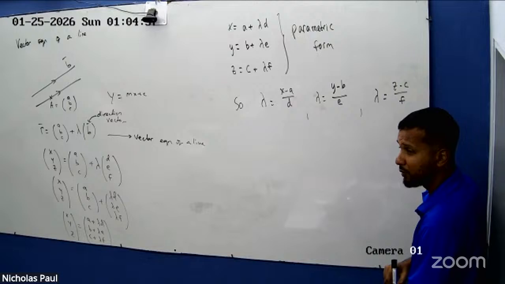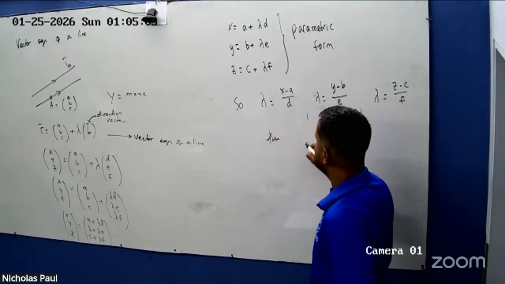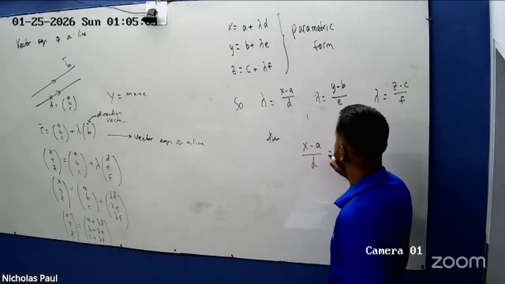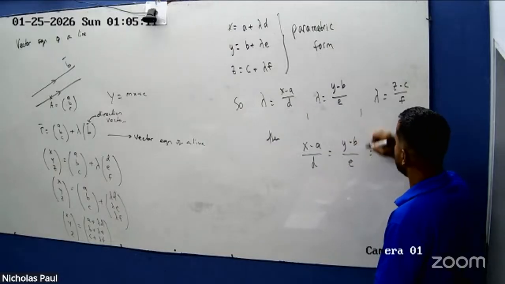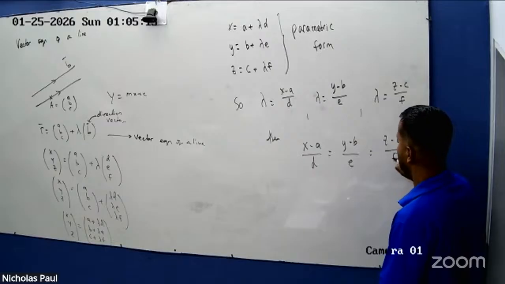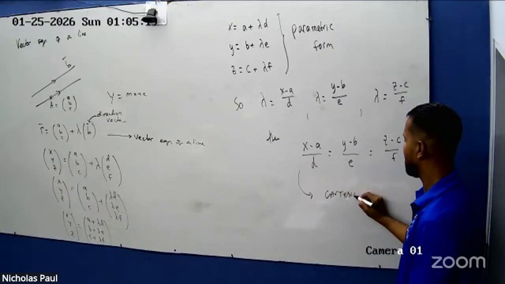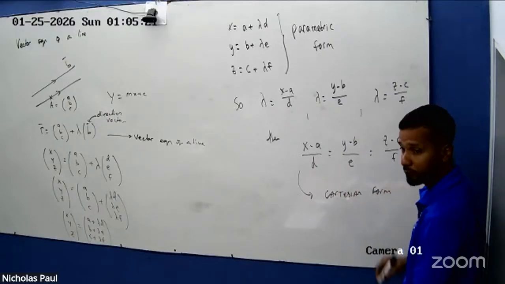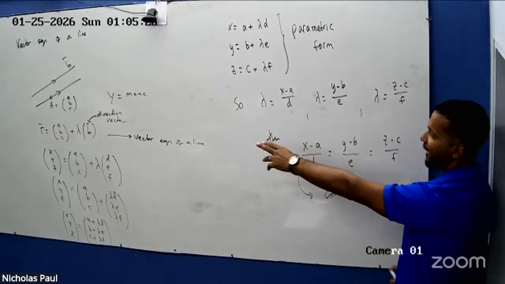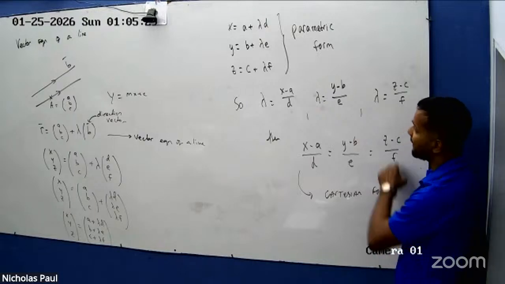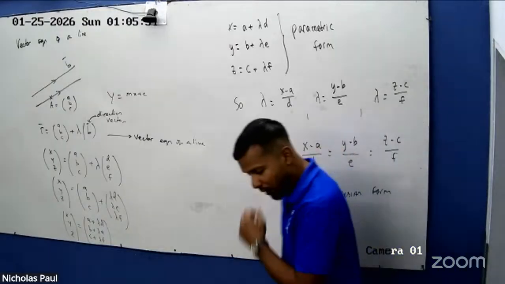Okay with that? Since they are all equal to lambda, I can say x minus a over d equals y minus b over e equals z minus c over f. This here is what we call our Cartesian form. See that? You have to be able to go from vector to Cartesian or Cartesian back to vector. Is that okay? Copy it down.